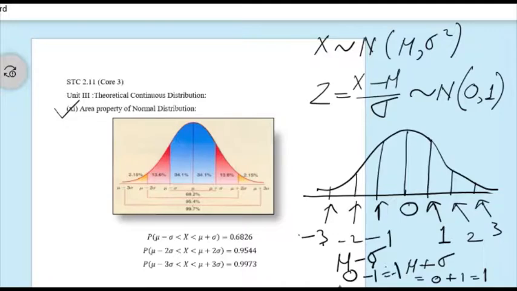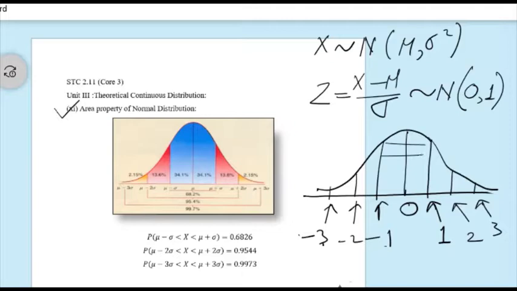So for the new variable z, the values are 1, 2 and 3. For the old variable it is mu plus sigma, mu plus 2 sigma, mu plus 3 sigma, but the area will be same. The area for z from minus 1 to plus 1, that is z equal to plus or minus 1, is again 68.26%.